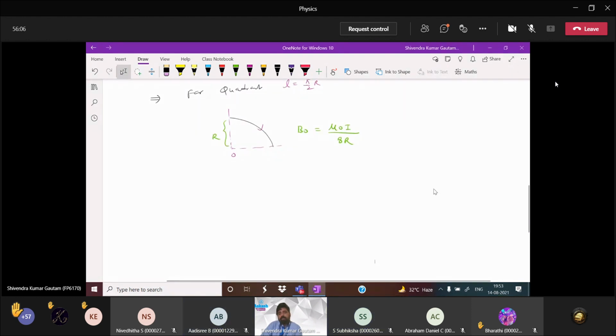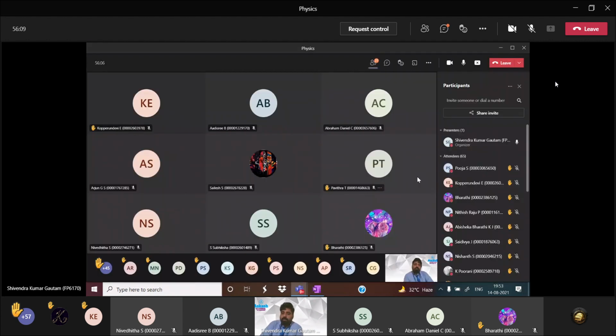You see, these are the quadrant, semicircle, circle. Suppose they ask any arc: a 30-degree arc, 40-degree arc, 50-degree arc.